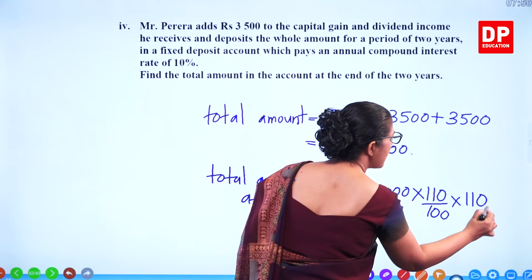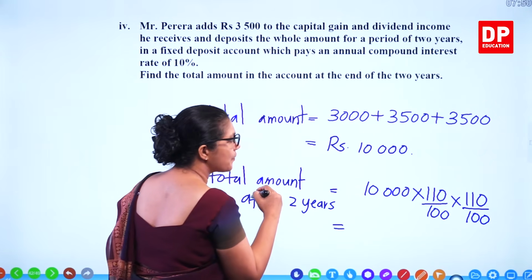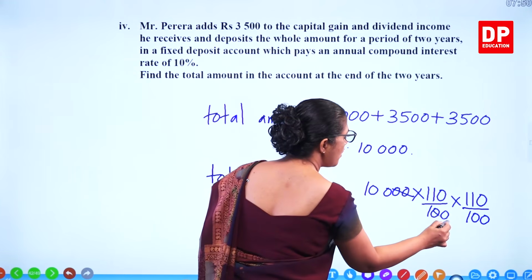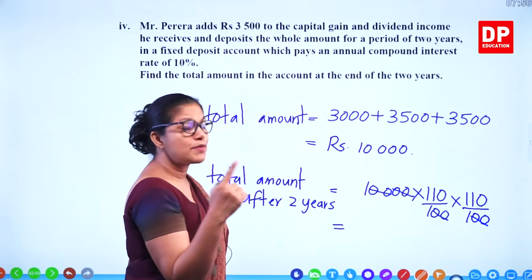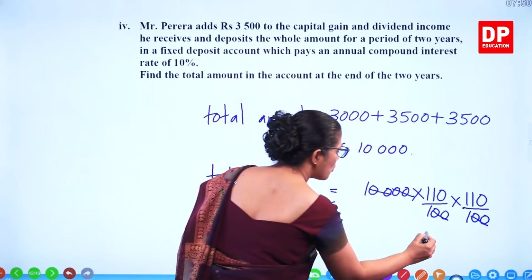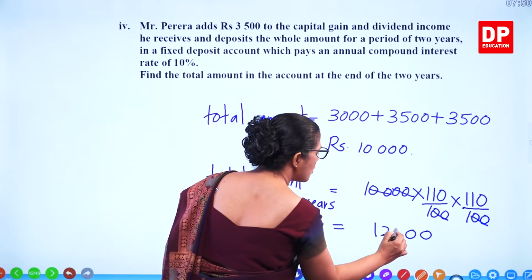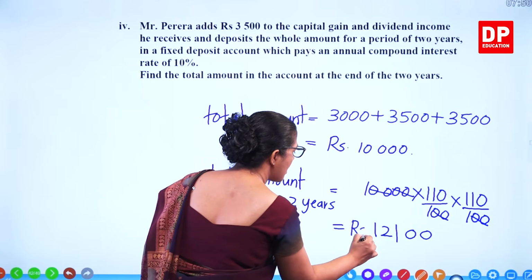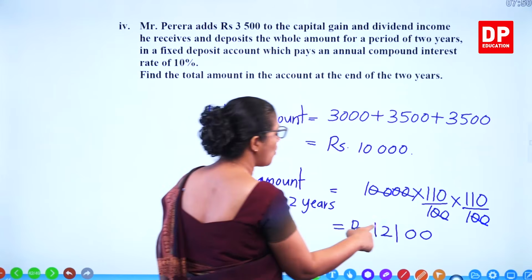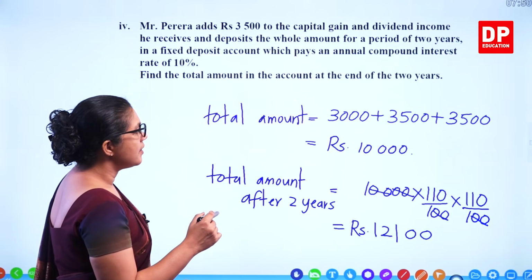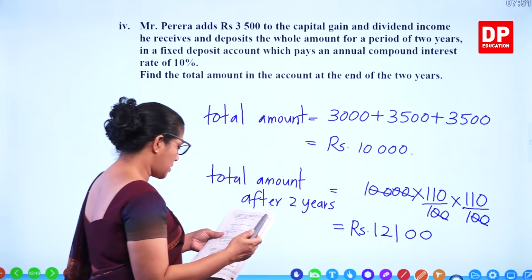Multiply this by 110 over 100. You get the value after 2 years. 2 zeros and another 2 zeros get cancelled out. 110 times 110. So you put 2 zeros. 11 times 11 is 121. So the total amount after 2 years is 12,100 rupees.